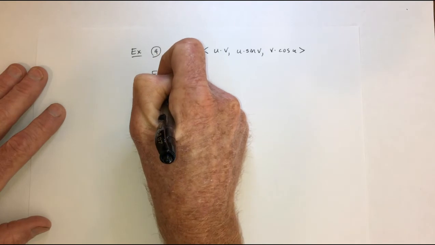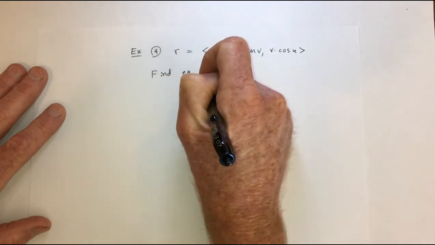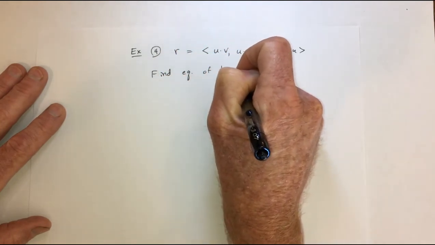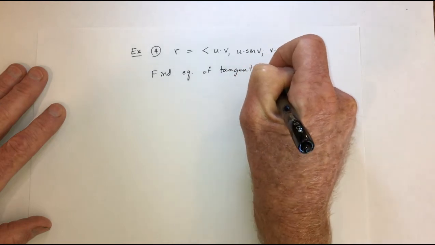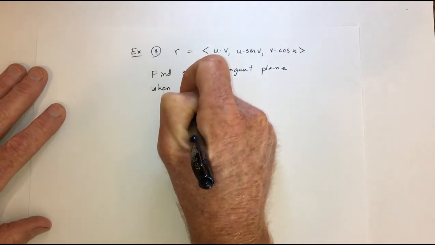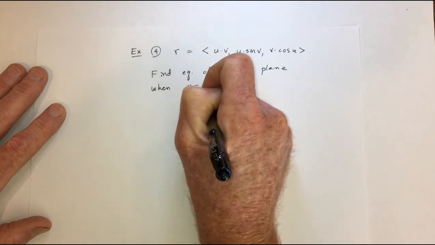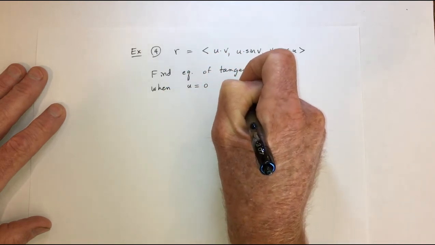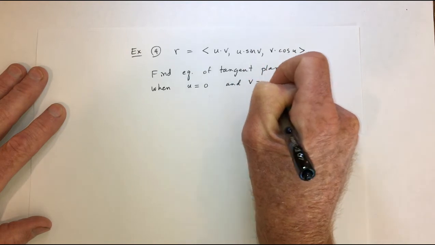And then find the equation of the tangent plane when u is equal to 0 and v is equal to pi.